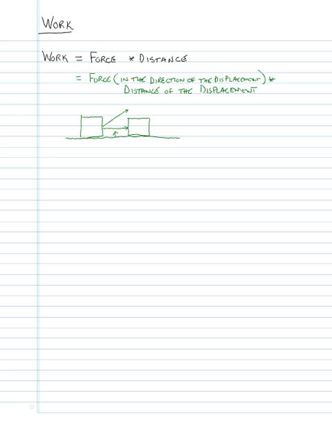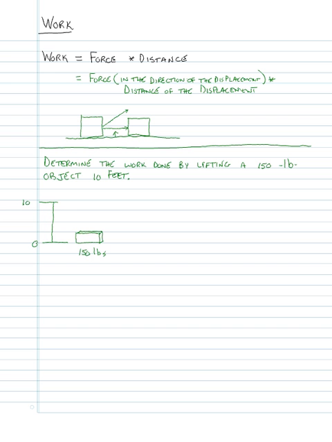Well, what I want to do is take us through a progression of different things. Let me just write up a little problem here, and we'll continue. So this question, as you can see, is to determine the work done by lifting a 150-pound object 10 feet, and we're assuming directly up.